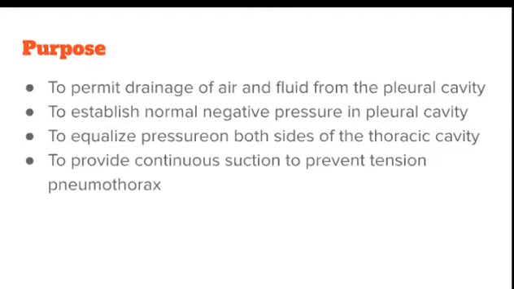In tension pneumothorax, the pressure on one side of the lungs increases, which compresses the mediastinum towards the other side. To release the pressure from one side, we insert an intercostal drain to provide continuous suction and prevent tension pneumothorax.